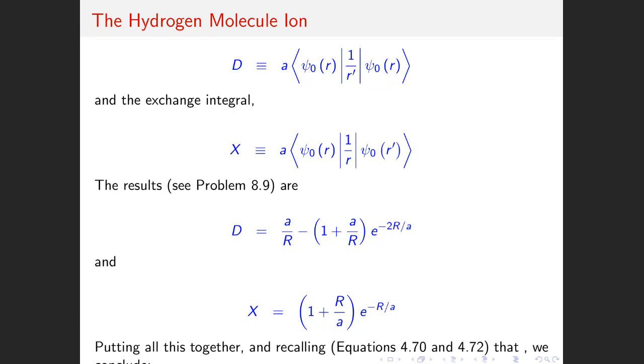There's still time, so I'm going to try and compute this d, which will just be a repetition of what we did last week.